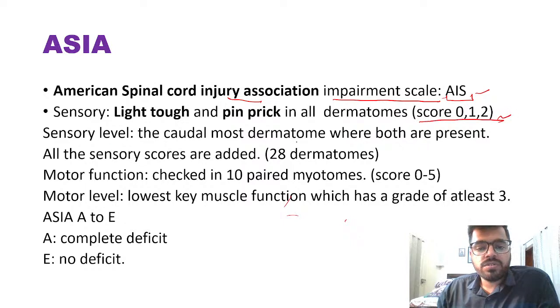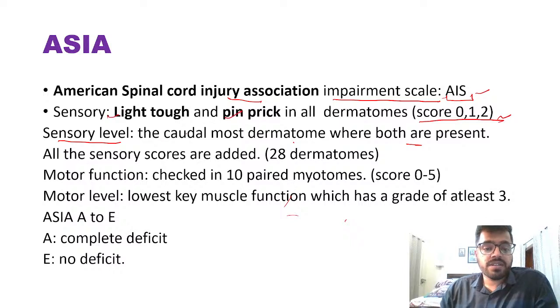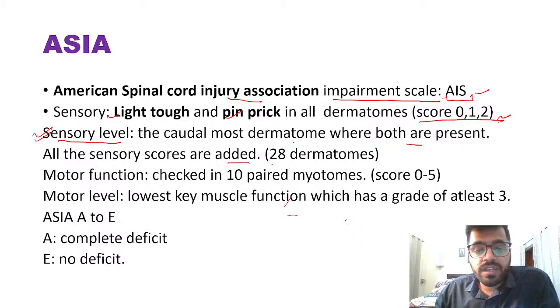The caudal-most dermatome where both are present is the sensory level. Both light touch and pinprick should be present, and the caudal-most dermatome where this is present will be called the sensory level. All the sensory scores are added, so we take 28 dermatomes. All scores are added, so there will be 56 on the right side, 56 on the left side.